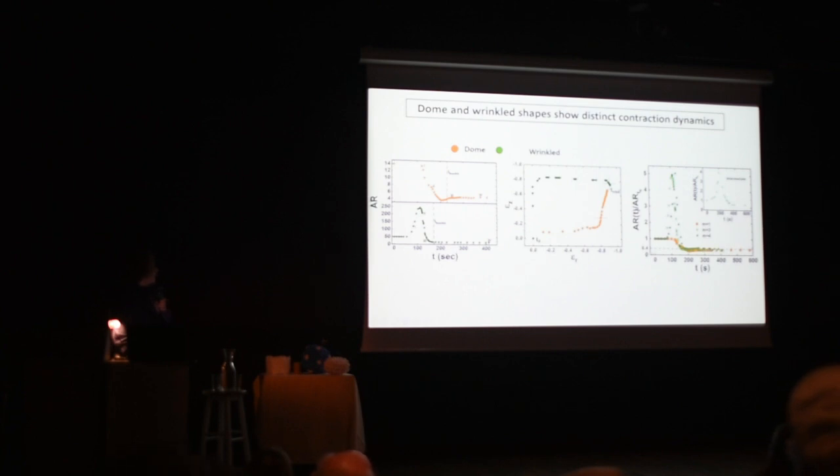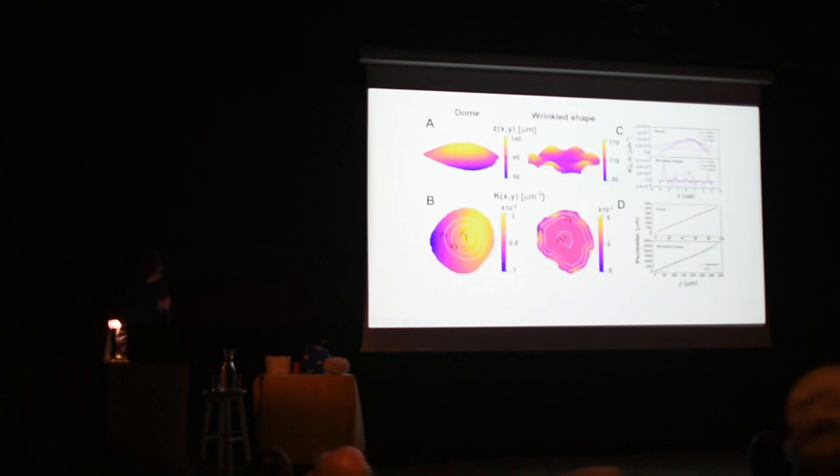Nevertheless, what you find is that all shapes end up in exactly the same amount of aspect ratio, namely that they are all contracting about the same manner. And this is how things are looking like if you analyze the structure of these structures.